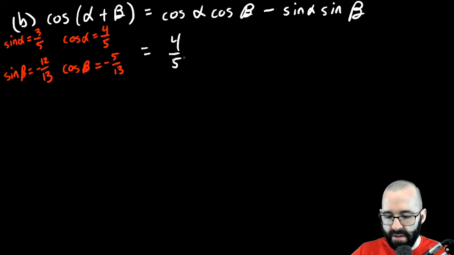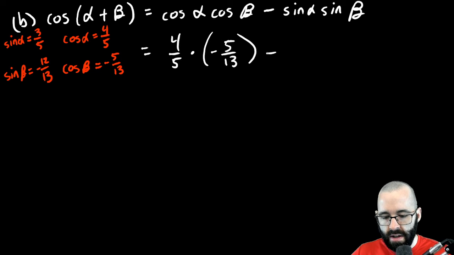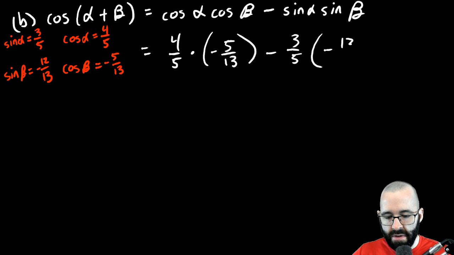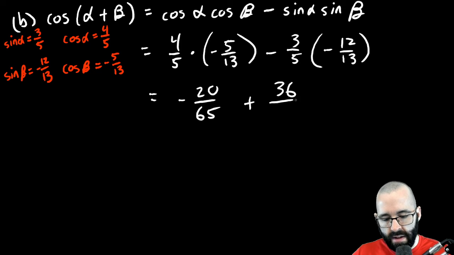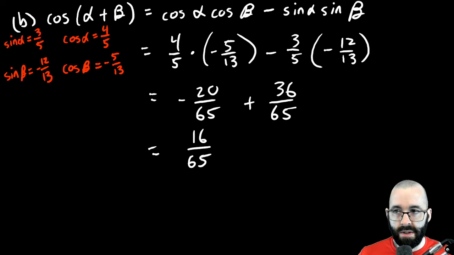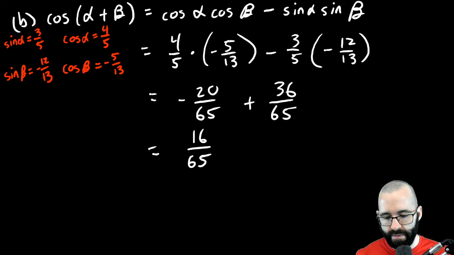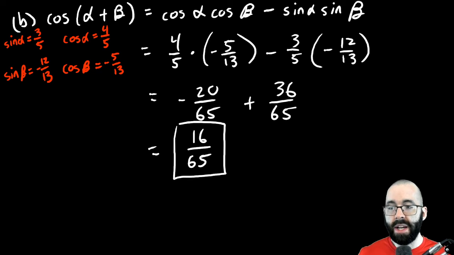Cosine alpha, 4/5, times cosine beta, negative 5/13, minus the sine of alpha, 3/5, times the sine of beta, which is negative 12/13. Simplify to get negative 20/65 plus 36/65. That's going to be 16/65, I believe. And again, it doesn't reduce. All right, that should be the cosine of alpha plus beta.